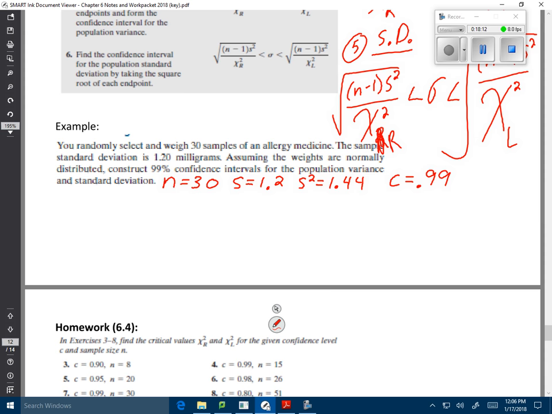Now first step, if I go by the steps, degrees of freedom is 29. The sample variance is 1.44.